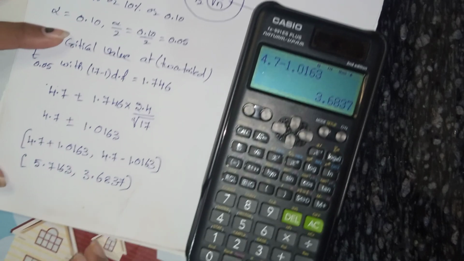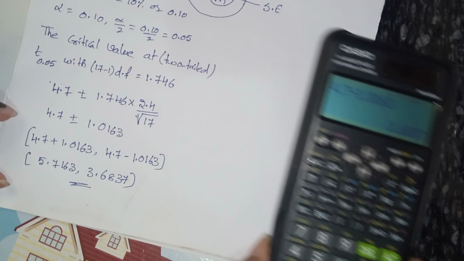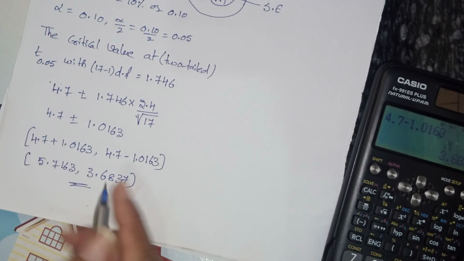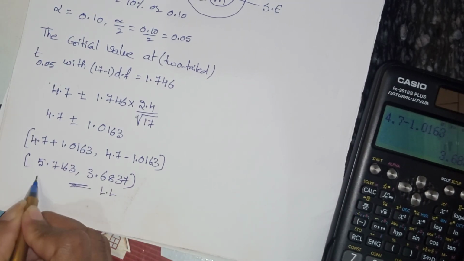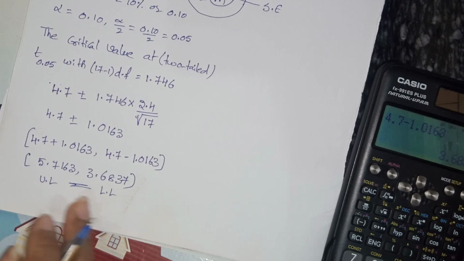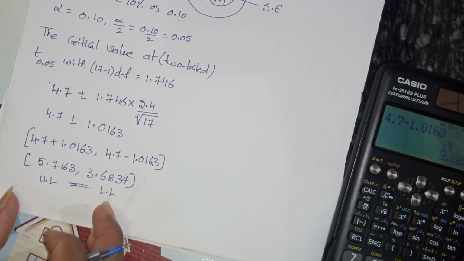Okay, so the confidence limits are these two. This is the lower limit, this is the upper limit. So the confidence interval lies between these two values at 90%.